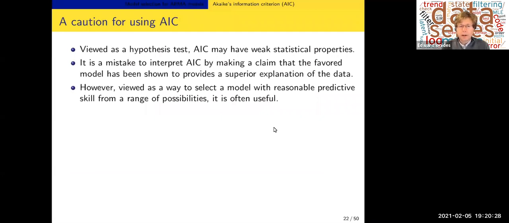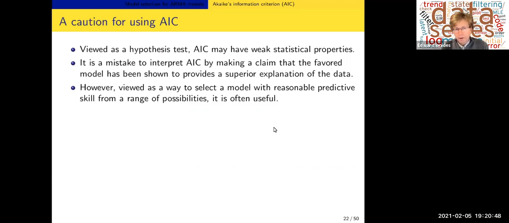AIC is all well and good, but it's a little bit of a trap that you may feel tempted to use it for more than it is. So viewed as a hypothesis test, AIC may have weak statistical properties, and AIC was never intended to be a hypothesis test.